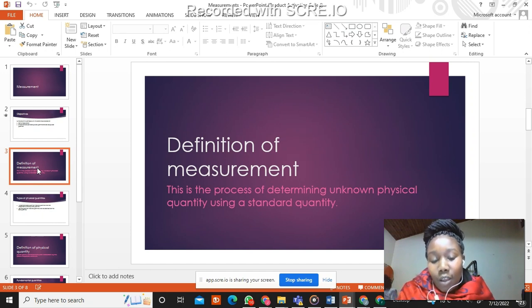An example is when you're asked to determine the length of maybe a laboratory table, you are going to use maybe a meter rule or a tape measure to identify the unknown physical quantity. Now, your standard quantity will be your meter rule or your tape measure. Yeah, so that's why we say it is a process.